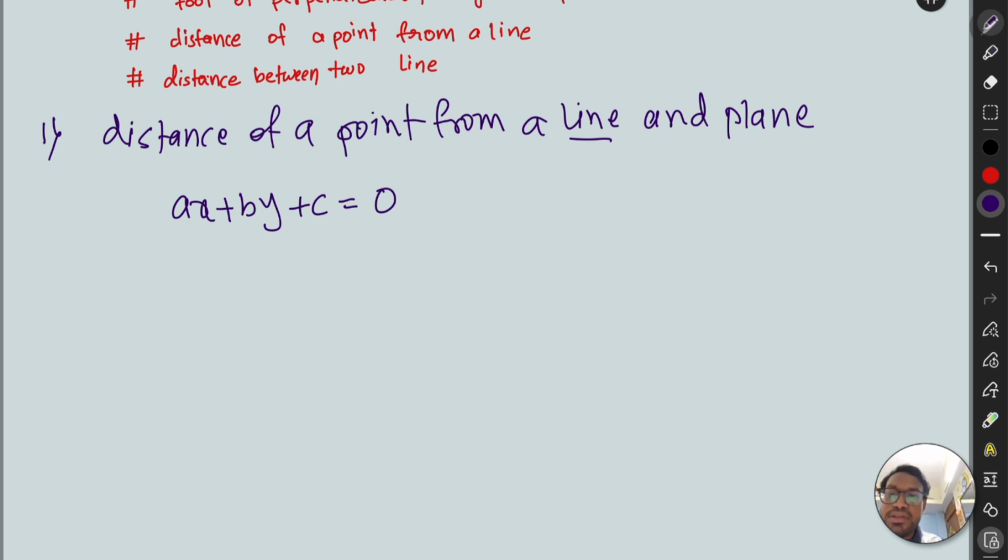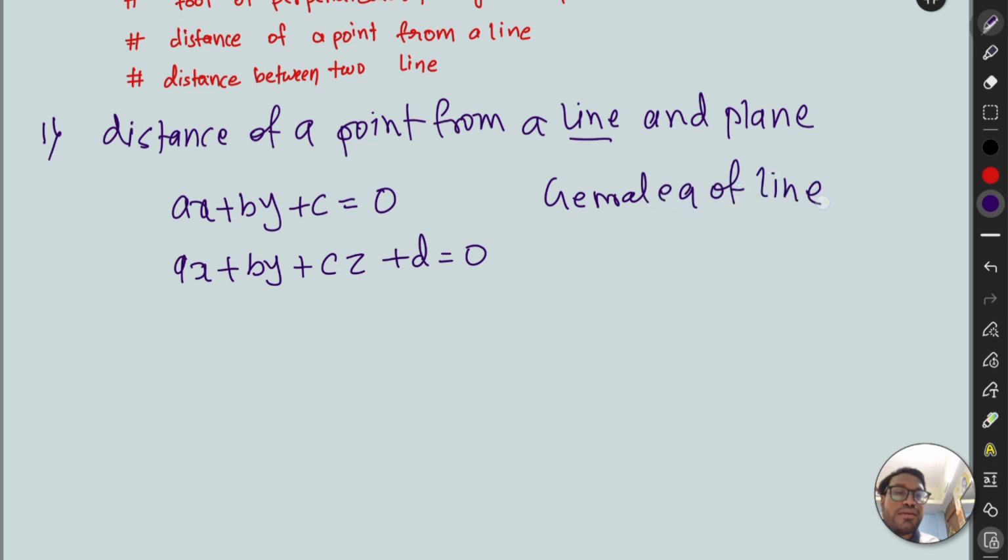As we know, this is the general equation of a line, and the general equation of a plane is ax plus by plus cz plus d equal to 0.